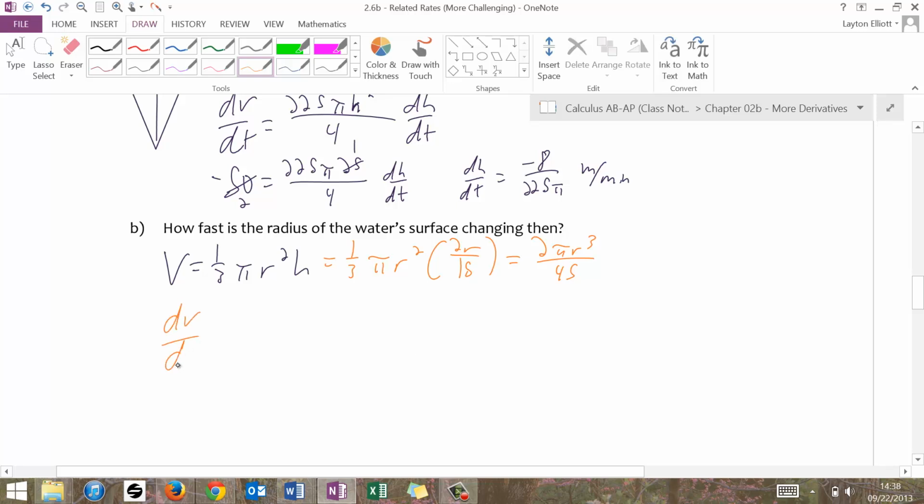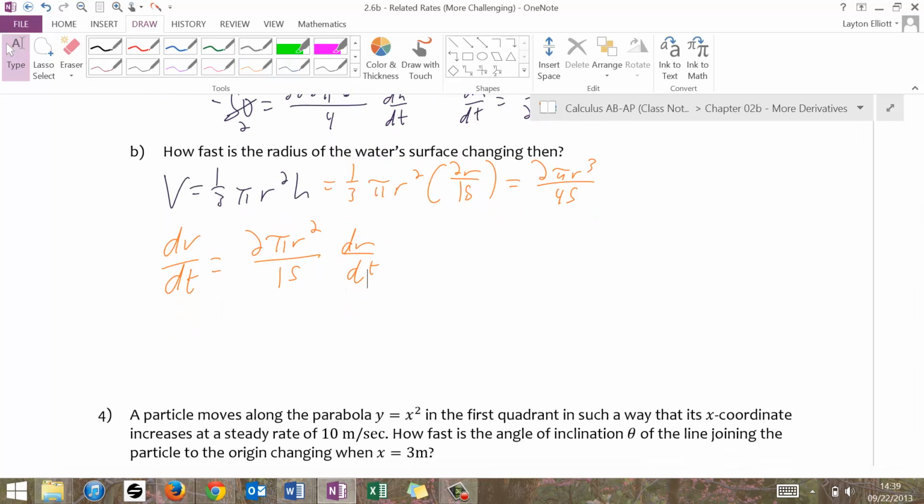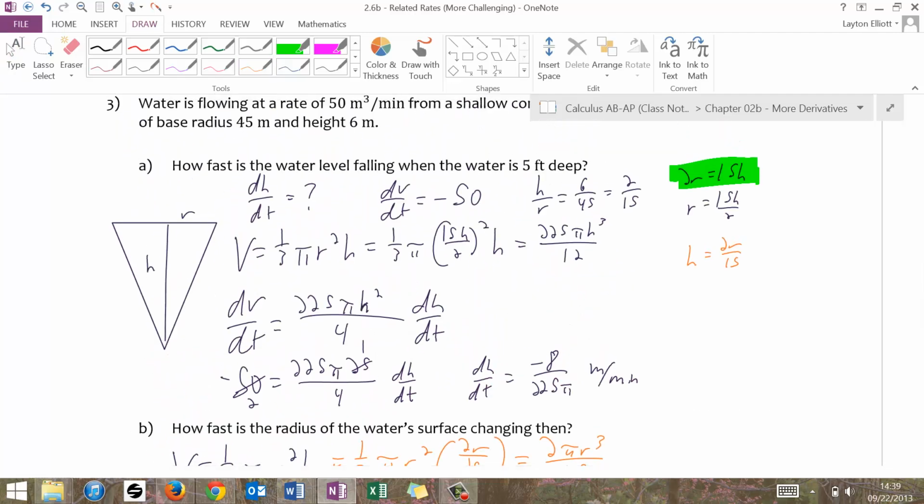Derive that. dV/dt equals 3 and the 45 are going to cancel, so it's going to be 2 pi R squared over 15 dR/dt. Substitute, we know that negative 50 is equal to 2 pi. We don't know what R is, so I'm going to go over to here and say that R is 15H over 2.